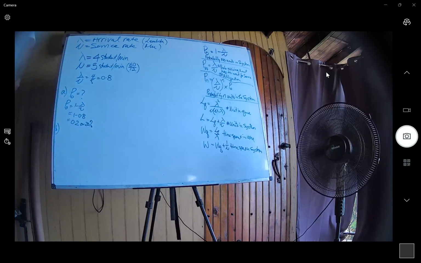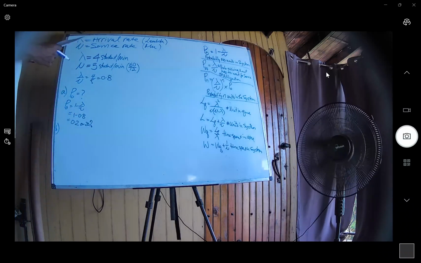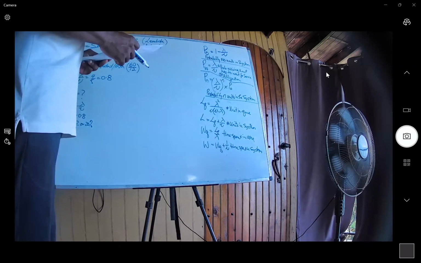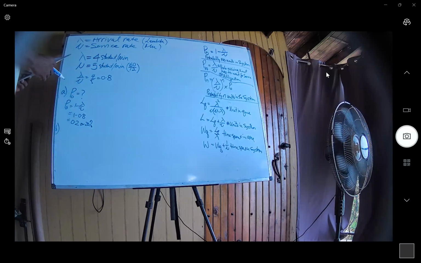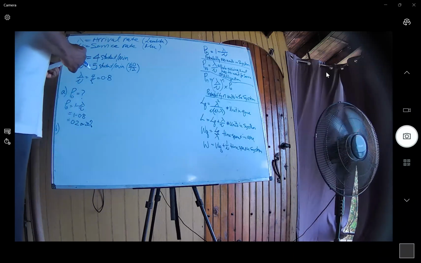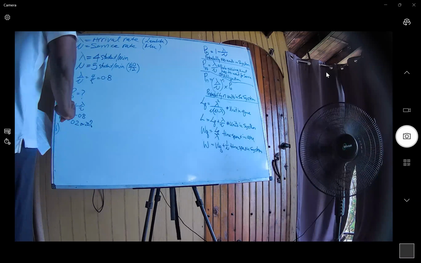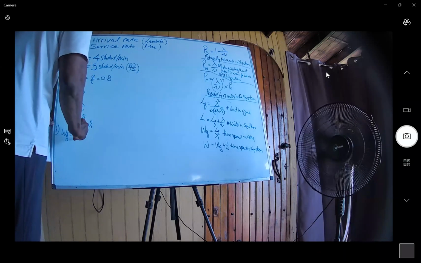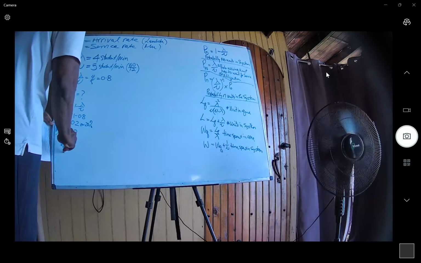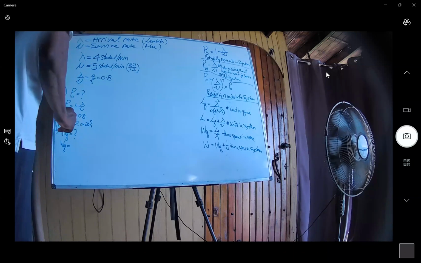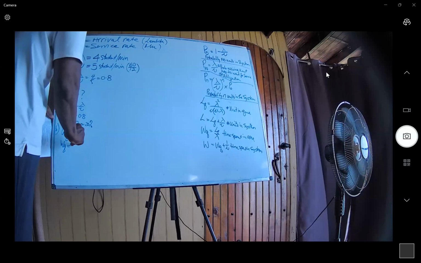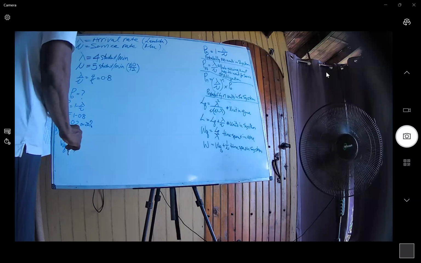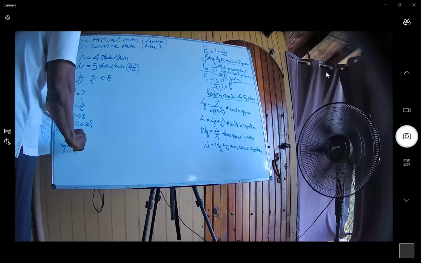Part B: how long will the average student have to wait before reaching the cashier? So what are we trying to find here? WQ, because it's before they reach the cashier. WQ is equal to LQ over lambda.